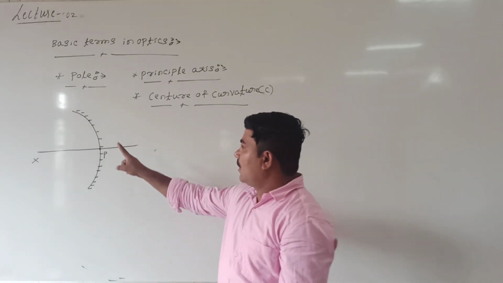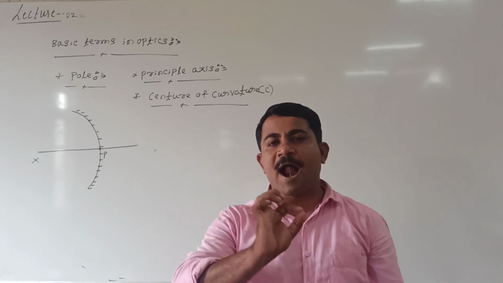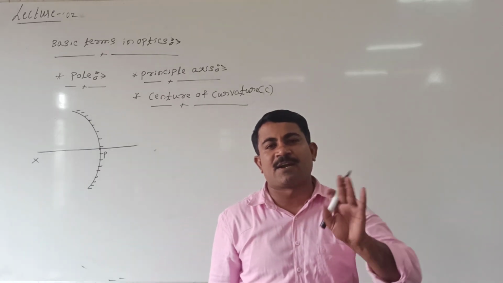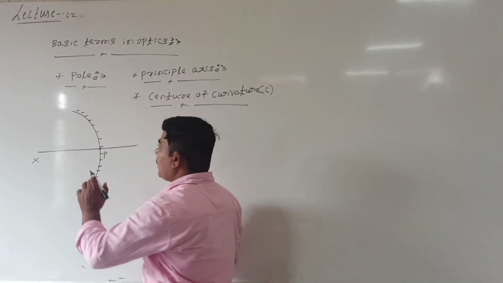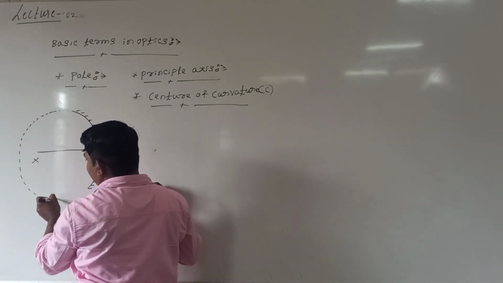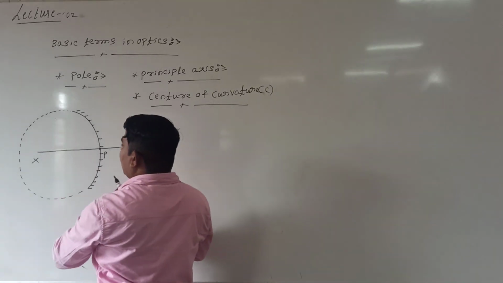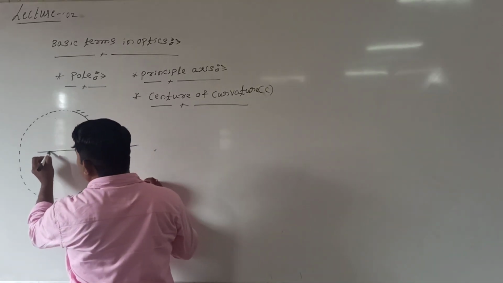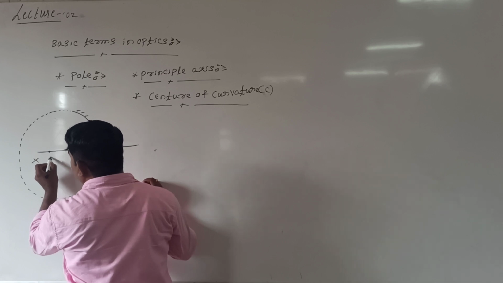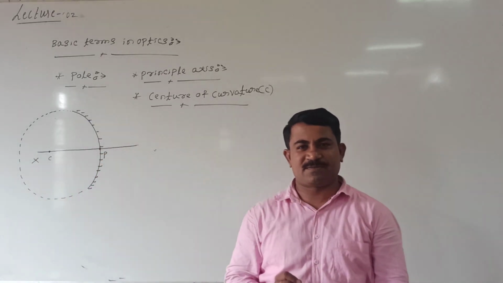Look at me. What is a spherical mirror? A spherical mirror is a part of a spherical reflecting surface. Already we know. If I take this spherical mirror, then this becomes a sphere. Then I can take this point, and this point I call C, the center of curvature.